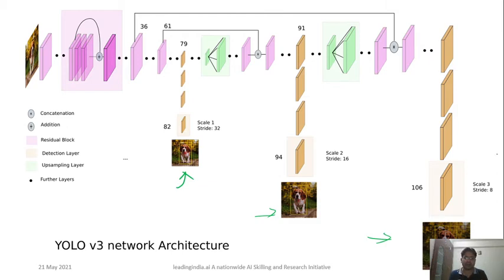Multiple faces may come in one cell, one face here, one face here, one face here. But with the finer scale, you will have only one face in one cell. That will help us detect small objects as well, and improve your accuracy.